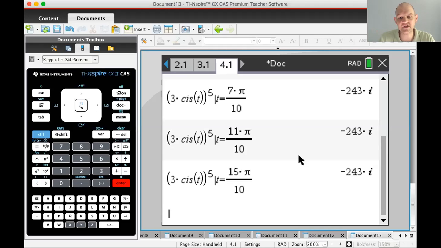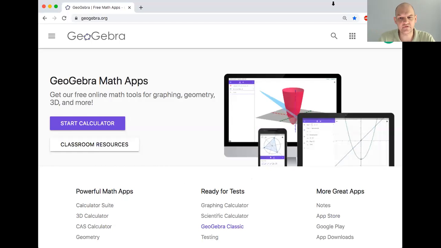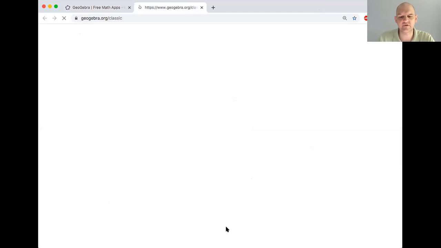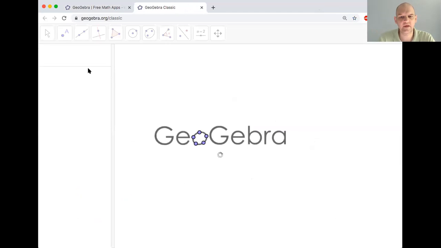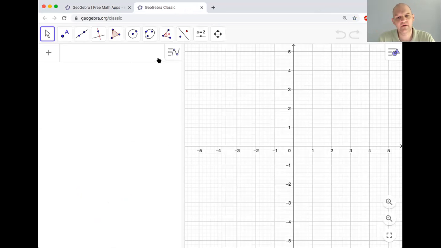The other thing I was going to do is switch over to GeoGebra. So I'm going to choose GeoGebra Classic down here. It's geogebra.org, and choose Classic. I'll wait for it to load. I usually hit this button right up here so that this thing shows up, mostly so this is not in the way of the first entry line, which drives me nuts.